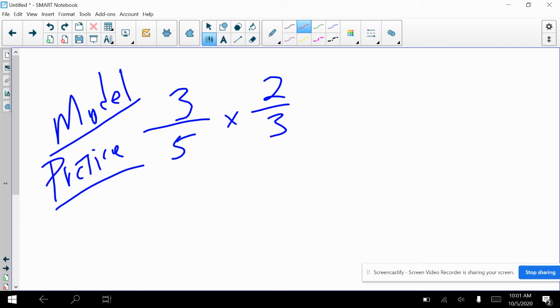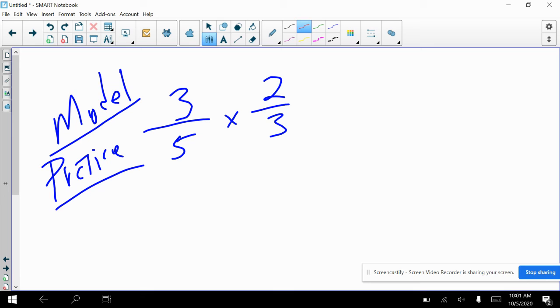One of these is going to be the vertical. It does not matter which one is which. You might pick 3/5 as the horizontal. Your neighbor might pick 3/5 as the vertical. That's fine. You're going to get the same answer if you do it right. Your picture will just look different.